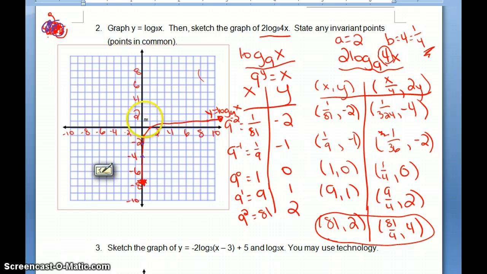Then we have 1/4 and 0. Then we have 9 over 4 and 2. That's at about 2.25, and y is equal to 2 there. Somewhere maybe like that. And then we're not even bothered with that other one, so here we're going to connect those dots.